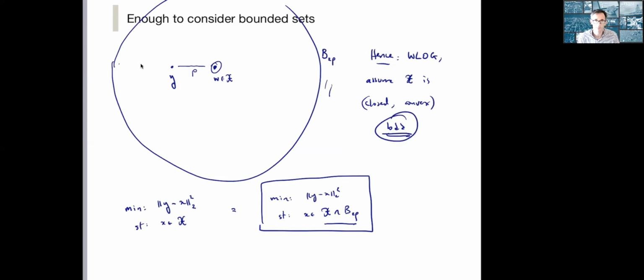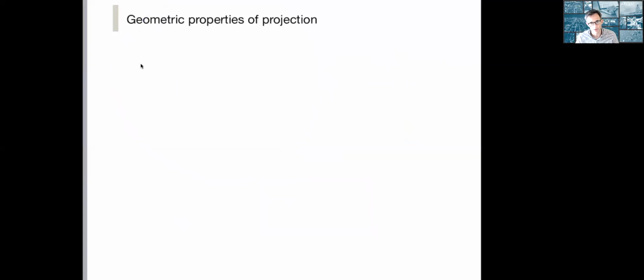So now let's explore one of the important geometric properties of projection. First of all, the fact that the minimizer exists allows me to define the projection onto x of any point y to be the argmin of this problem: y minus x, Euclidean norm squared, such that x belongs to my set x.